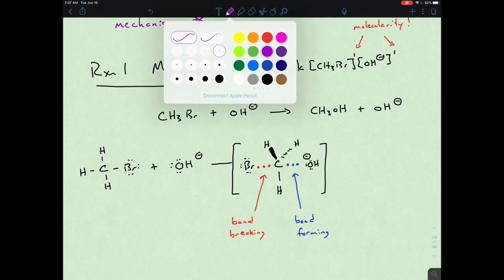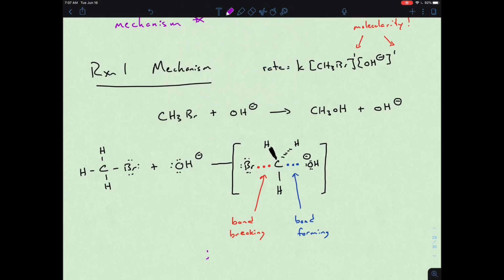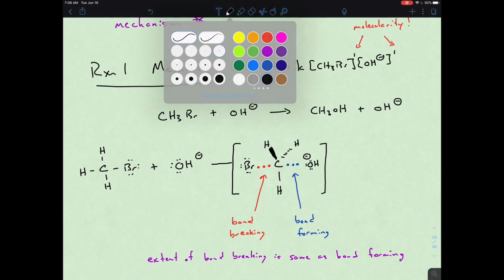So basically, the extent of bond breaking is the same as our bond that's actually forming in the process. So that's the idea of the possibility of a mechanism.